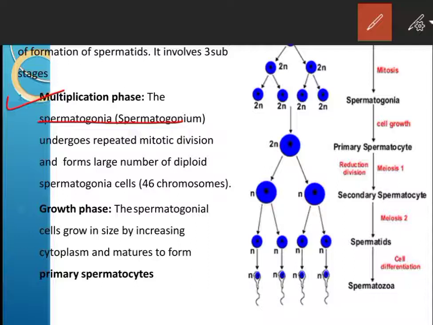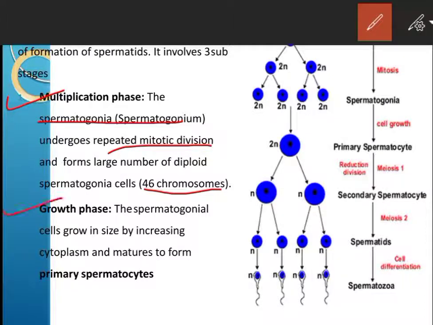These cells increase in number by repeated mitotic divisions, so that the newly formed spermatogonia possess the same number of chromosomes. Each spermatogonium is diploid and contains 46 chromosomes.